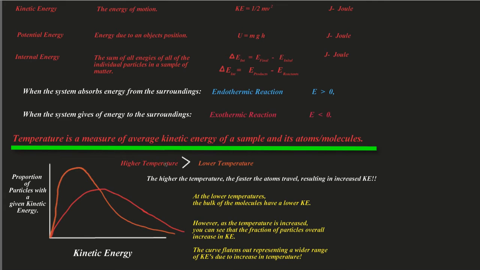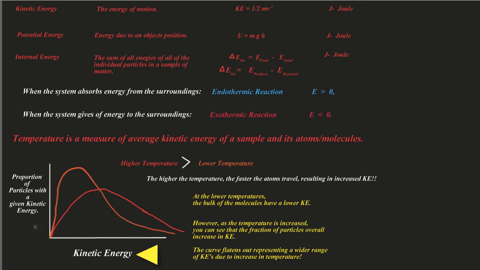So here's a little graph of kinetic energy versus the proportion of particles that have that given kinetic energy. The orange is going to be a lower temperature versus the red, a higher temperature. Now, because the lower temperature has particles or molecules that are moving at lower velocities, they all bulk up right to the lower end of the kinetic energy.